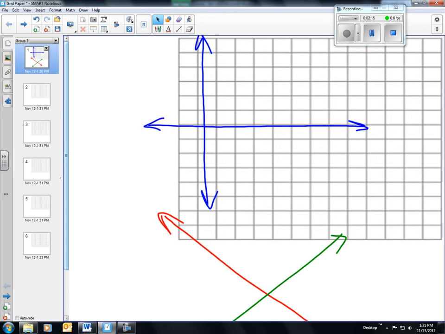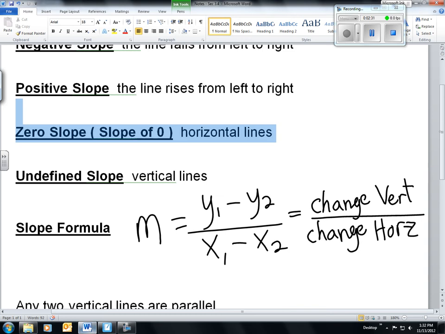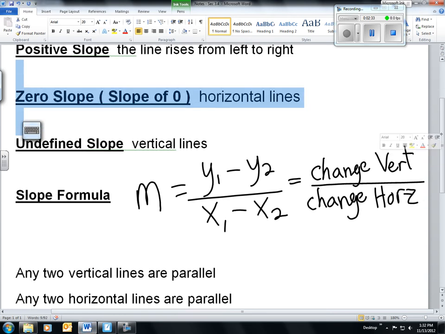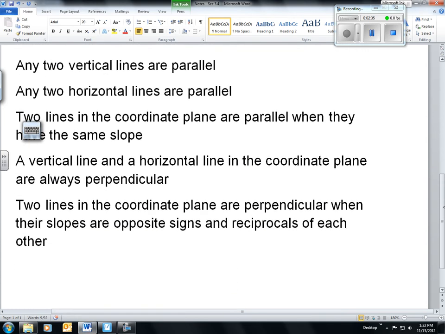And in fact, we know that any vertical line that intersects with a horizontal line is going to be perpendicular to each other no matter what. So a vertical line and a horizontal line in the coordinate plane are always perpendicular.